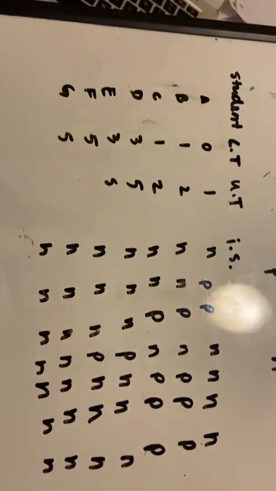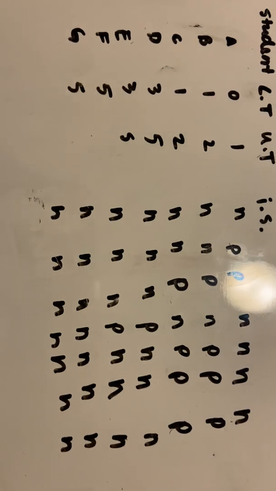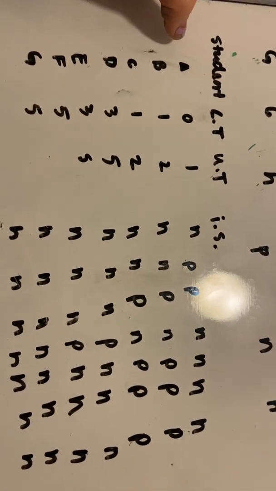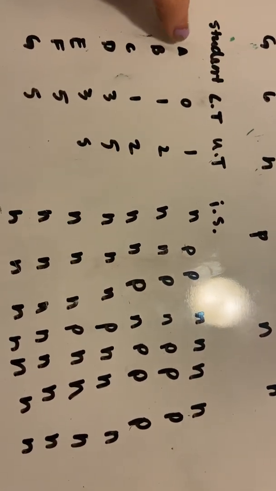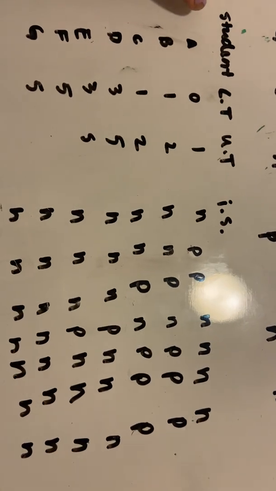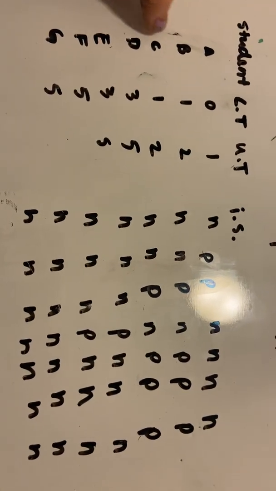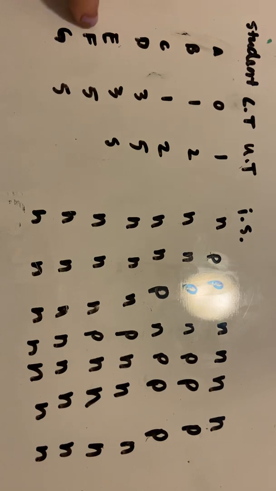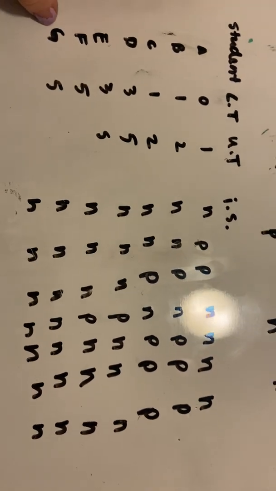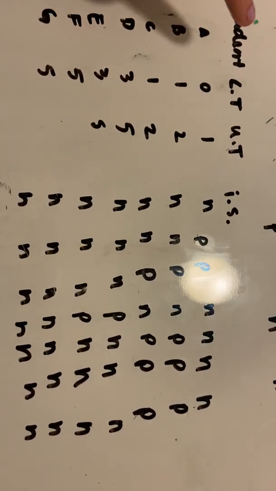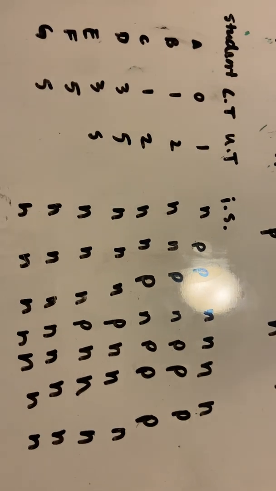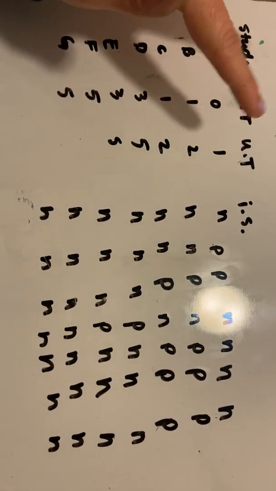If we come down here to section B, you can see that student A now has a threshold of 0. You can also see that B and C have a threshold of 1, D and E have a threshold of 3, F and G have a threshold of 5. Also, now, which was different than in section A, there's an upper threshold.